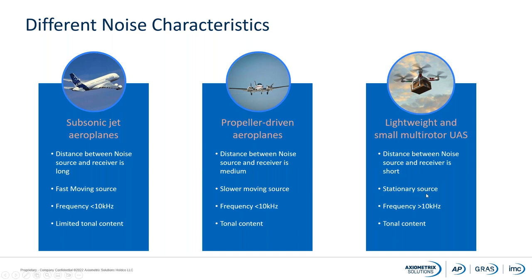It is also a stationary source, because a UAS can be hovering, and a hovering UAS is equal to a stationary source. The frequency content is also higher. It can go up to over 10 kilohertz, and that is because they are closer to the receiver, so there is not so much damping of the high frequencies, and therefore it can be quite annoying with the tonal content.